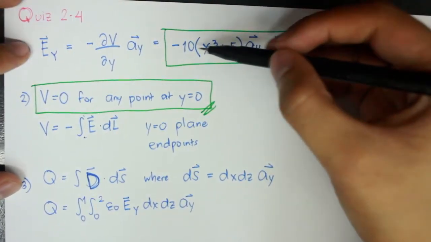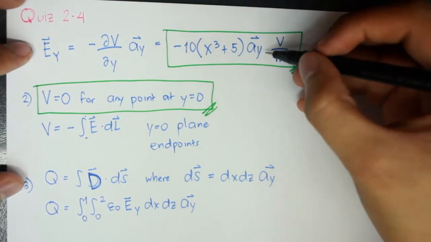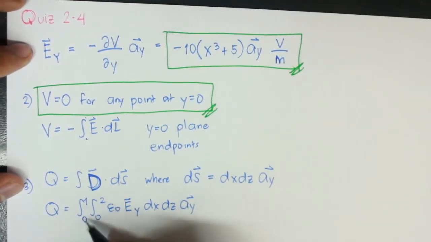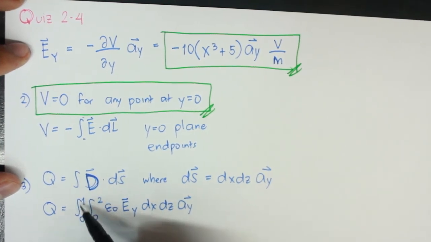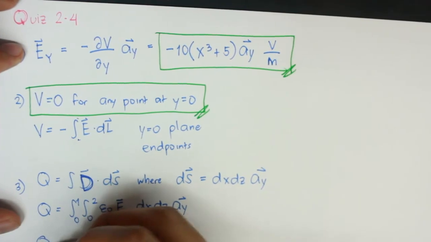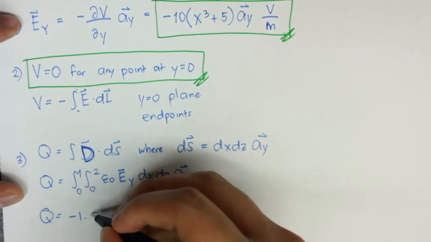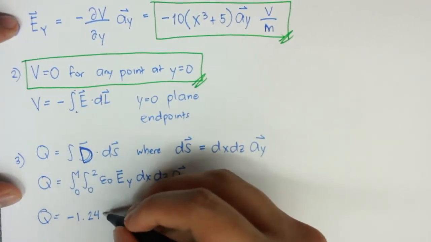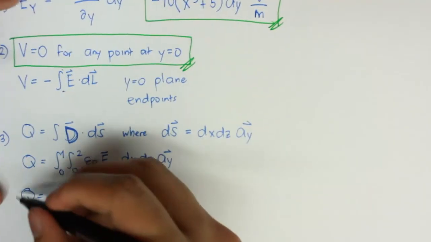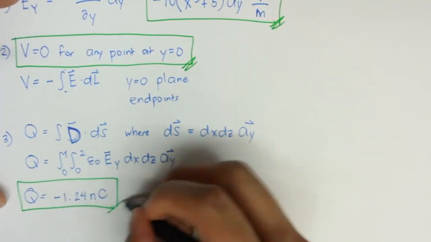So yung electric field natin na y component, function lang naman ng x. So integrating dz and this 0 to 1, so 1 lang yon. Right away, integration gives us negative 1.24 nanocoulomb. So walang mahirap dito.